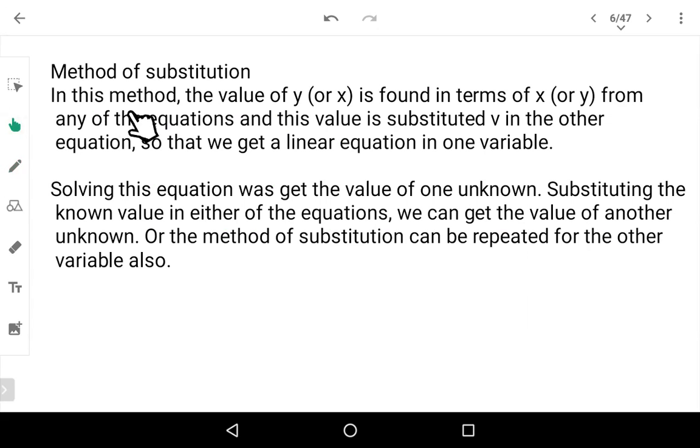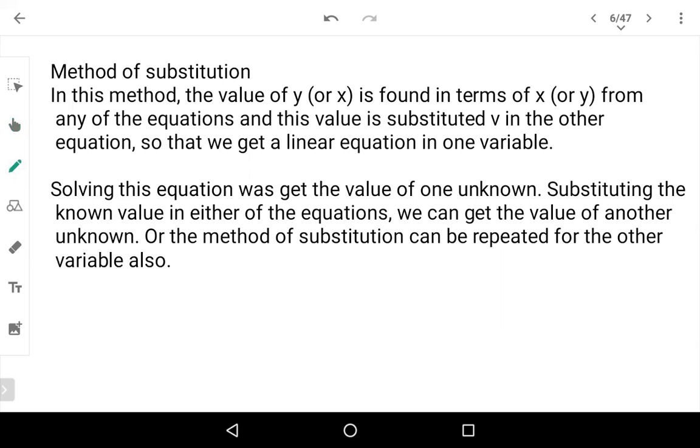In this method, the value of y or x is found in terms of x or y from any of the equations, and this value is substituted in the other equation so that we get a linear equation in one variable.